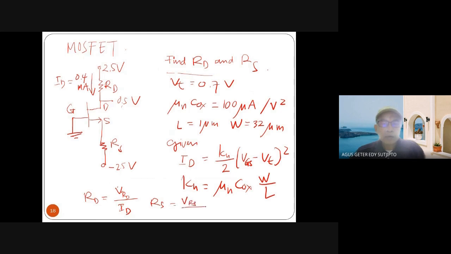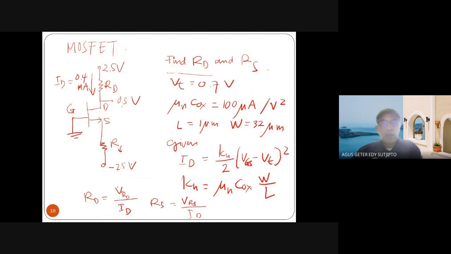Now, what is the RS? So RS here, of course, we can also do the same as RD, similarly RS equal VRS over ID, because the current ID flowing in the RD and the RS is the same.